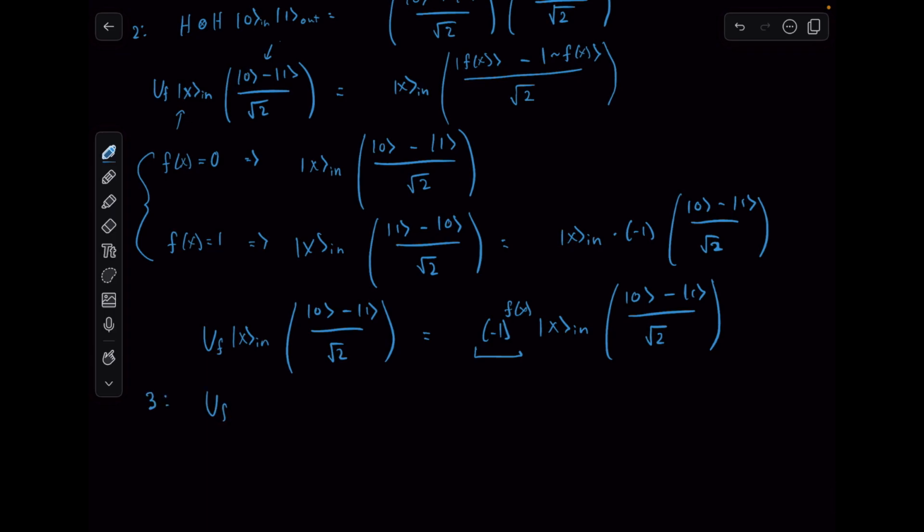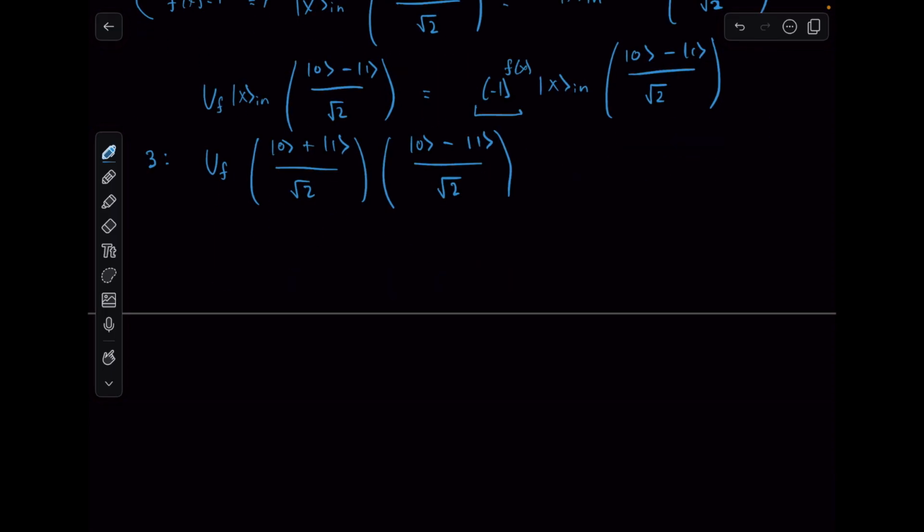So now we can return to what's going to be step 3, where we apply U_f to our state. And remember, now our input register is in this superposition. And we want to use the example that we just illustrated to see what we get when we apply U_f here. And let's make things a bit easier on ourselves and just start referring to this second qubit state as the minus state.